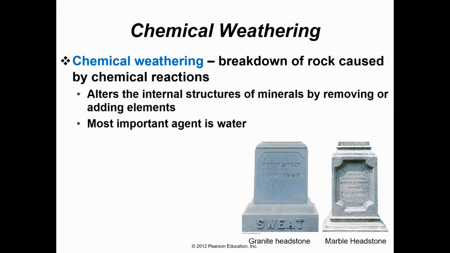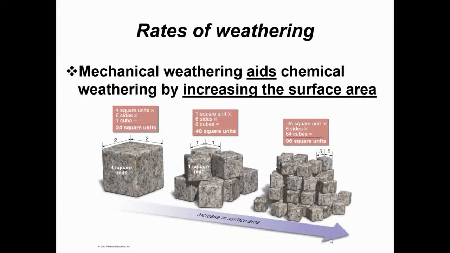This occurs typically by removing or adding various elements. In terms of chemical weathering on Earth's surface, water is definitely the most important agent. Typically, water is the medium that drives most chemical weathering here.